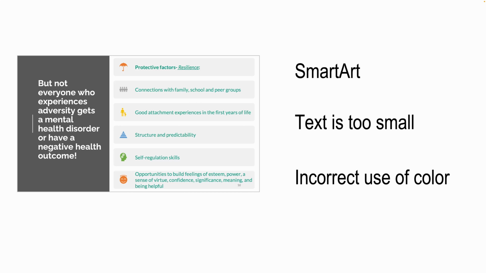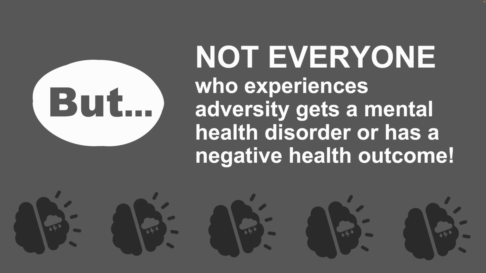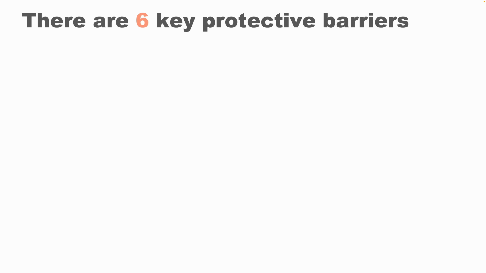So again, we just talked about adverse childhood experiences, what they are, what they increase your risks for, but not everyone who experiences adversity gets a mental health disorder or has a negative health outcome. In fact, there are 6 key protective factors to consider.